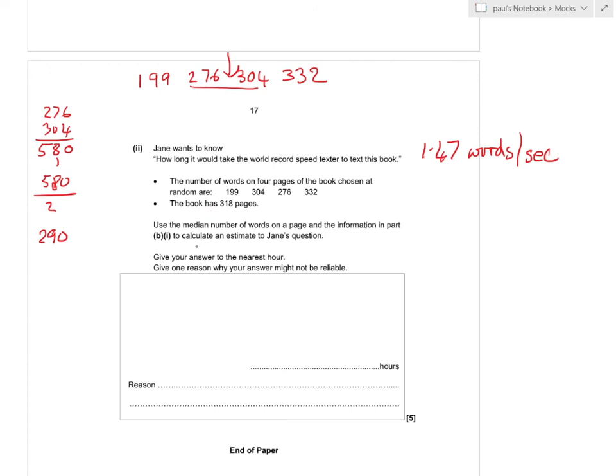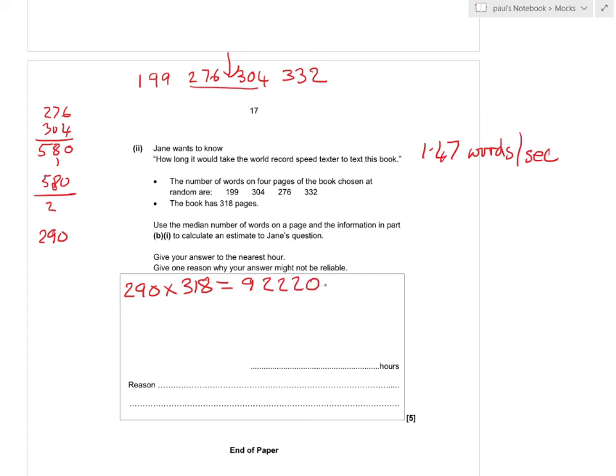Now, this is words per second. So now we've got 290 times the pages in the book, 318. 290 times 318 is 92220.